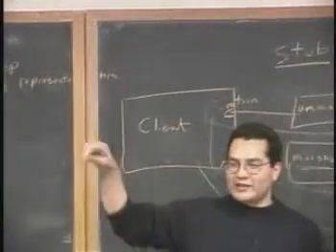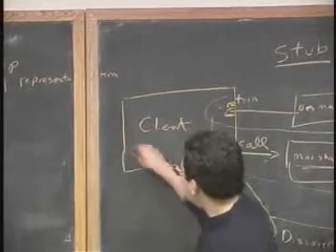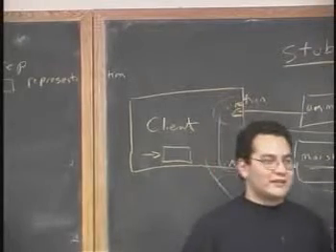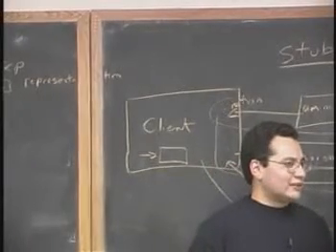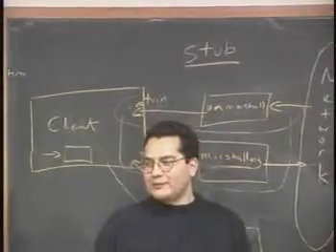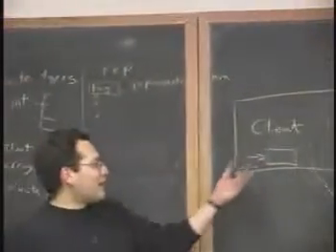A pointer points to somewhere in your process's address space. You can have a pointer in the client that points to some place in memory. What do you do about pointers? Do you want to send those around? Maybe, maybe not. But in general, what's the hard part about sending a pointer?